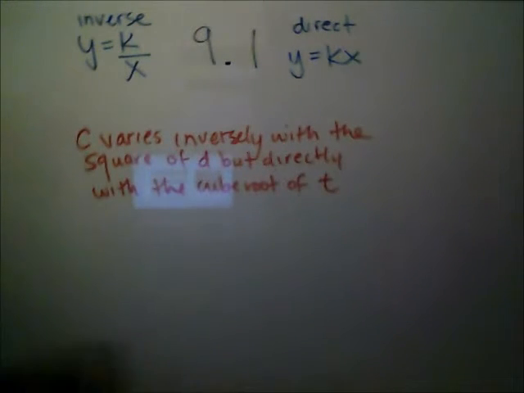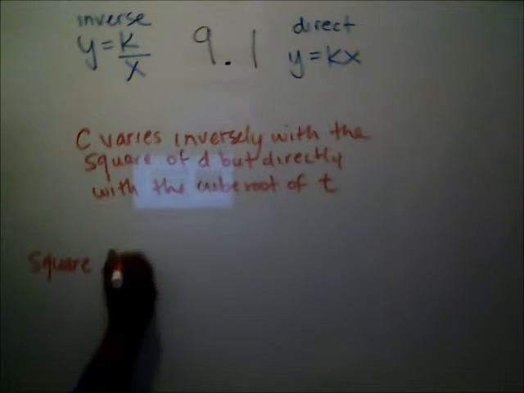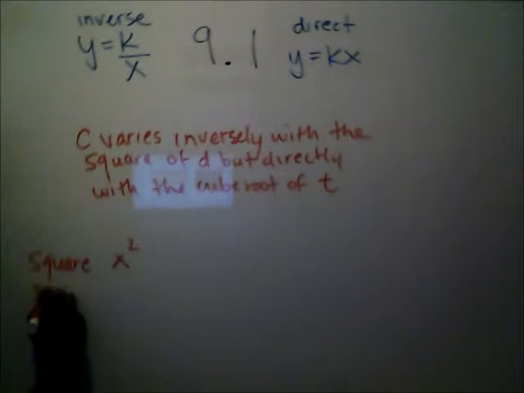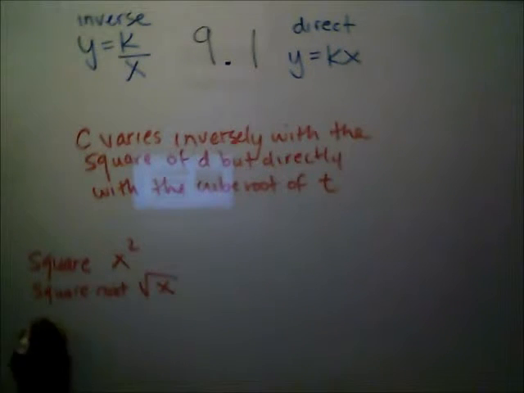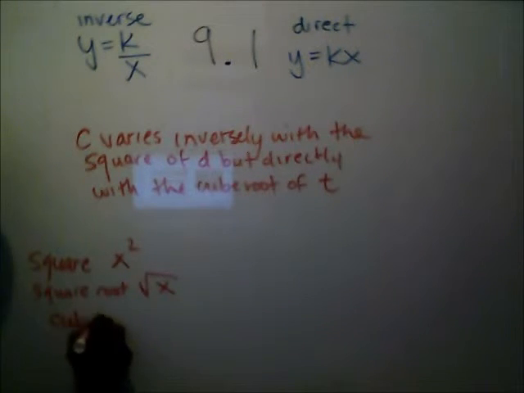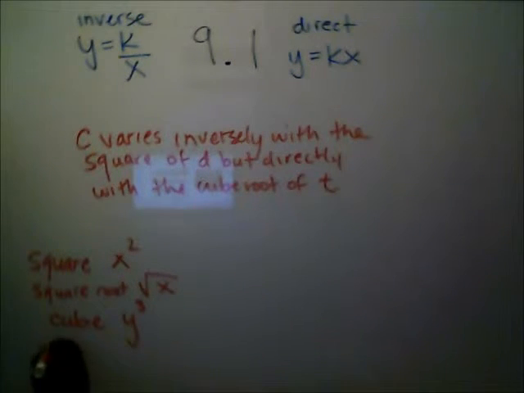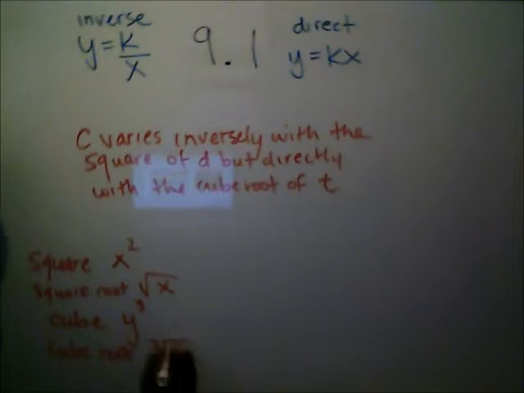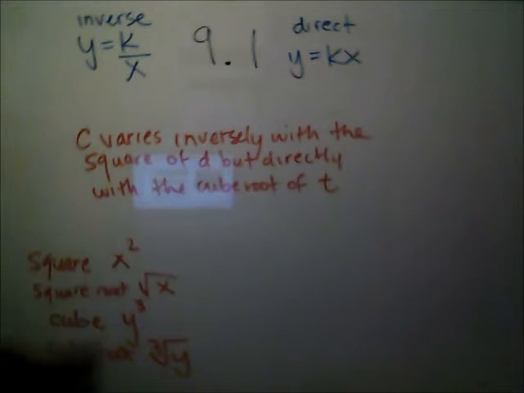Be very careful when they say square versus cube root. If something says square, we want to do like x squared. We want the 2 to be an exponent. If they say the square root, it has to be in a radical. If they say the cube of a number or the cube of a variable, the 3 is going to be an exponent. But if they say cube root, we want to put that variable inside of a radical with a 3 here. So just be careful with these terminologies.